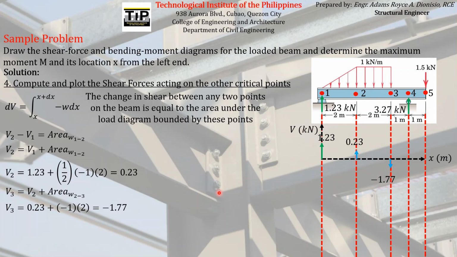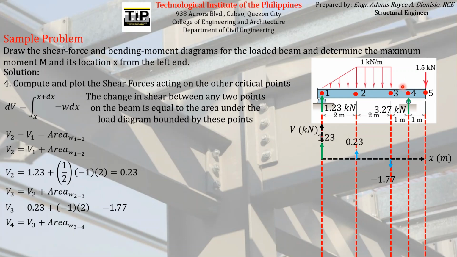So following the same procedure, we can compute for the shear force acting on point 4 using this similar formula. We can see that the shear force at point 4 is just equal to the sum of the shear force at point 3 and the area of the load diagram between point 3 and point 4, which is this.